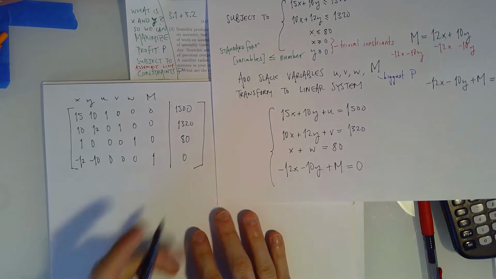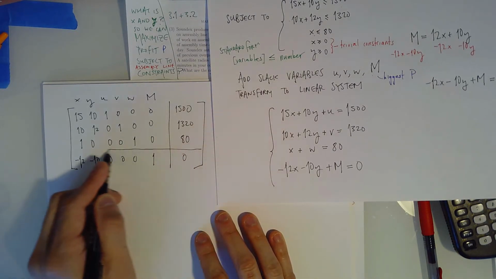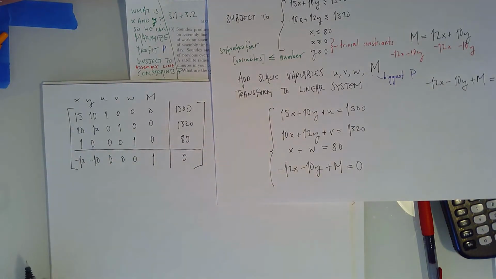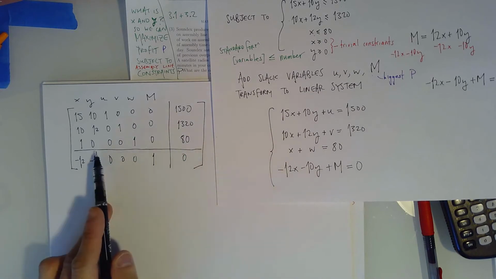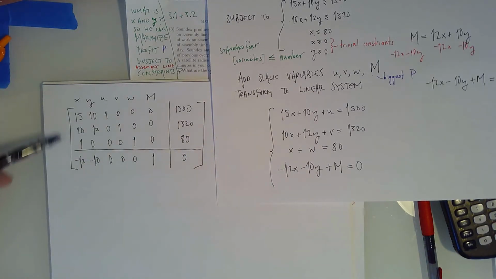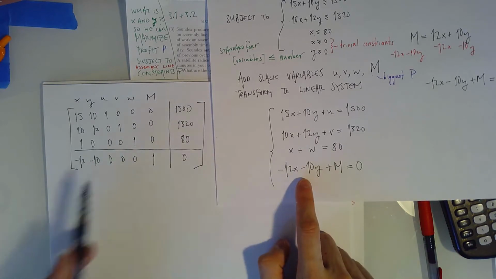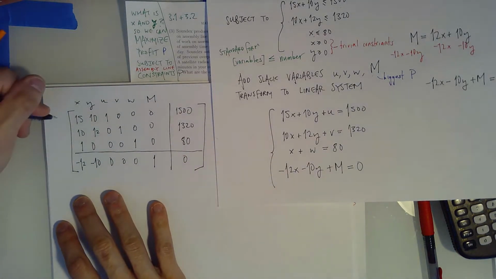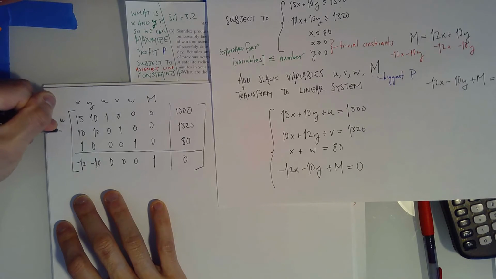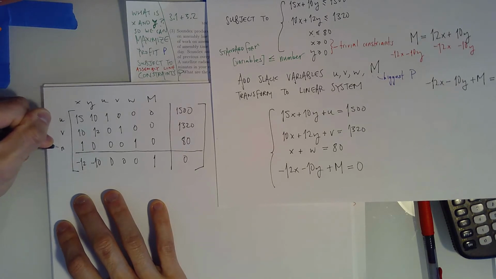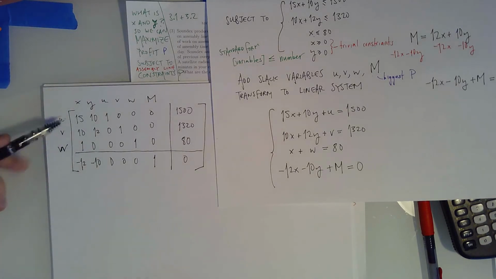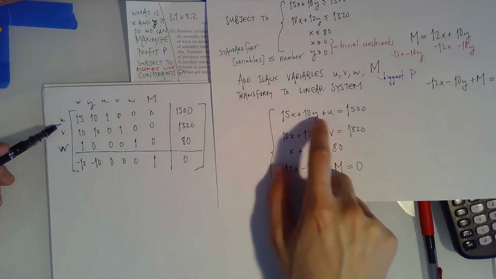This is the simplex tableau, and the convention is to draw a line that separates the constraints. These are the constraints here, and then this is the objective function information. So we just draw a line here to separate the two, and each row corresponds to a constraint. This corresponds to the fact that we've added a U to the first constraint.